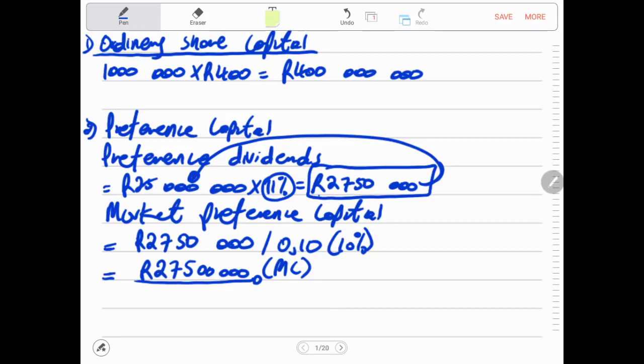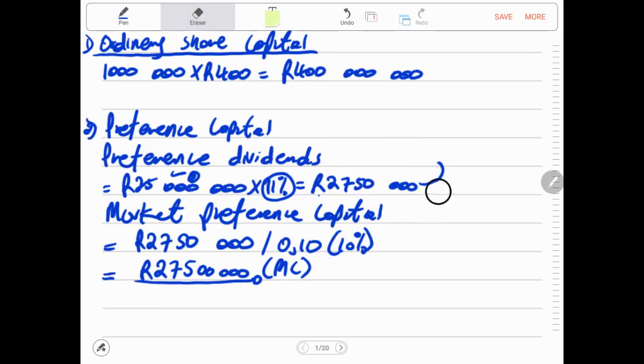But we are not looking for the capital according to the business or the normal rate that they agreed to with the preference shareholders, but we are looking for the capital according to the market, and the market is paying similar dividends at 10%. So hence we divide it by 10%. So now let us go to the next one. So this will be our preference share capital according to the market.